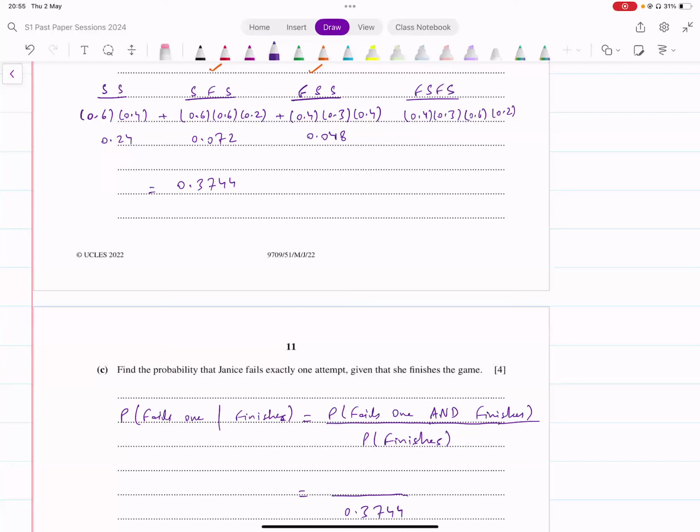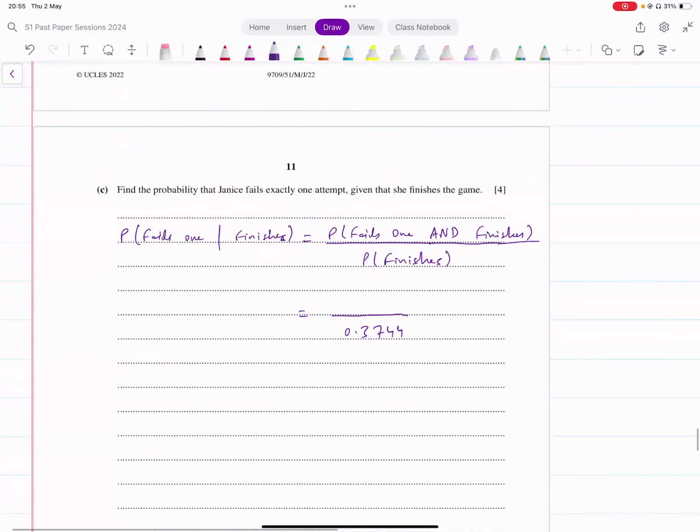And the final one, 0.4 into 0.3 into 0.6 into 0.2, that is 0.0144. These are the two cases that satisfy both criteria, that she's finishing the game and she's failing exactly one. That is what you would have in the numerator here.